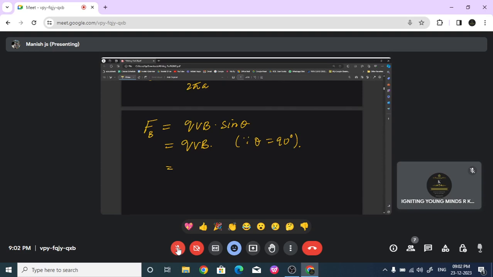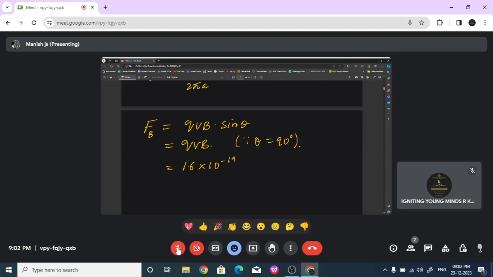QV into B. Q is nothing but your charge. Charge was already given in the question itself. The charge was expressed as 1.6 times 10 raised to minus 19 whenever you say electron. Whenever I say a charged particle, if I'm not going to express what it is, by default it's an electron.